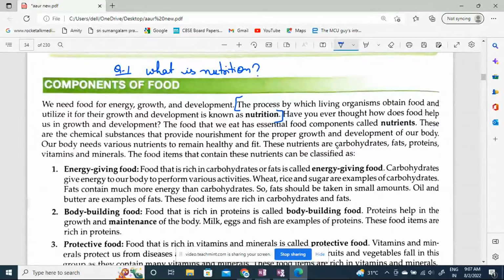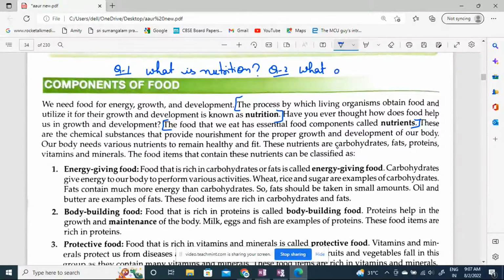And the food components present in that food are called nutrients. So the second question is, what are nutrients?